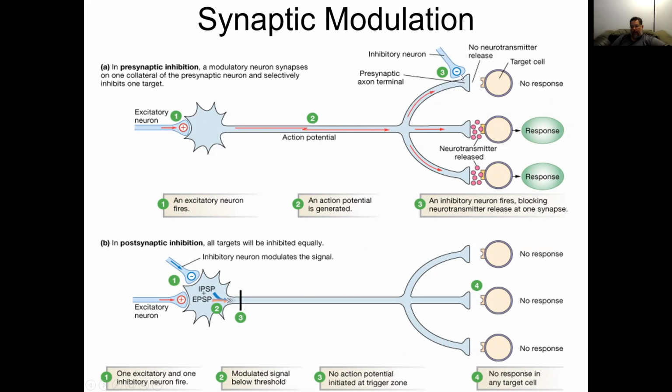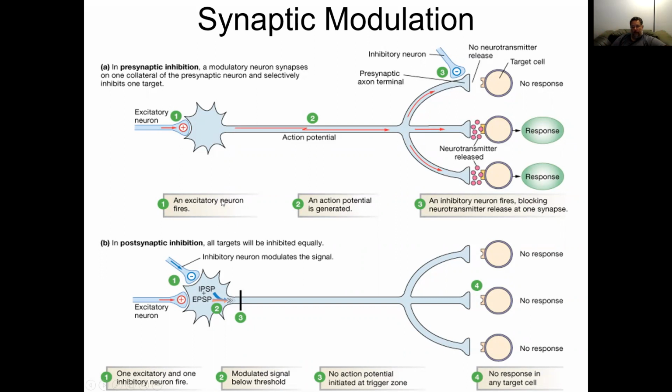So this makes the inside of this neuron more negative at the axon terminal, so that the calcium doesn't come in and cause exocytosis and the release of the neurotransmitters. So these other axon terminals still release neurotransmitters, but this one doesn't. So we call that presynaptic inhibition.